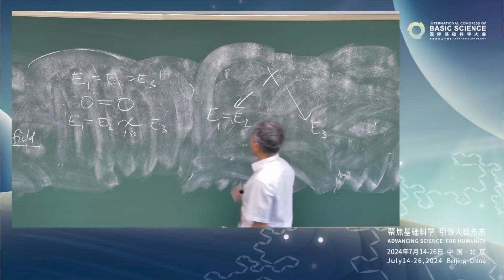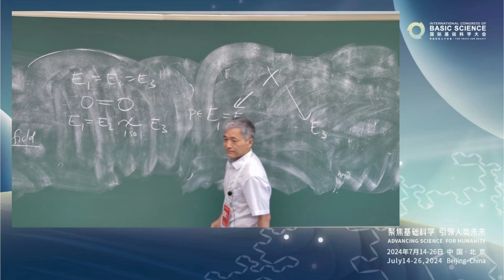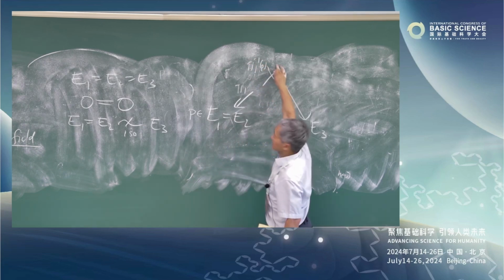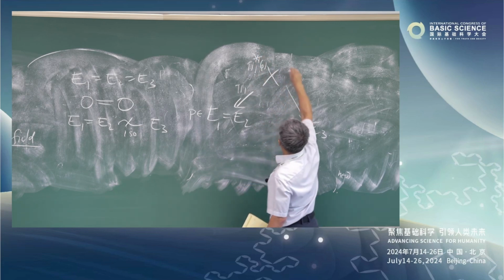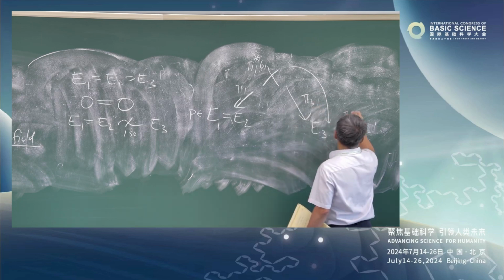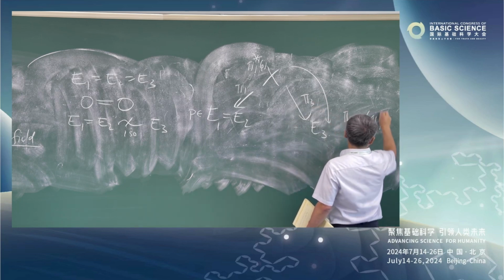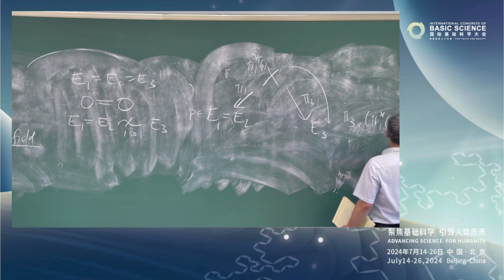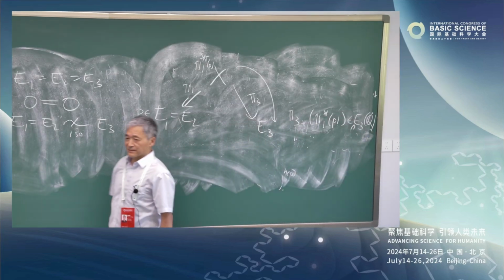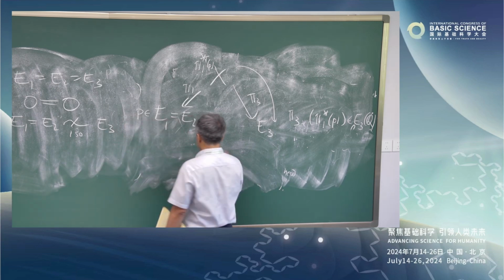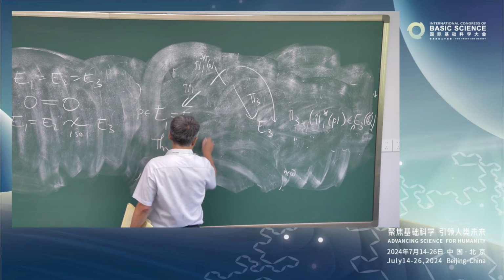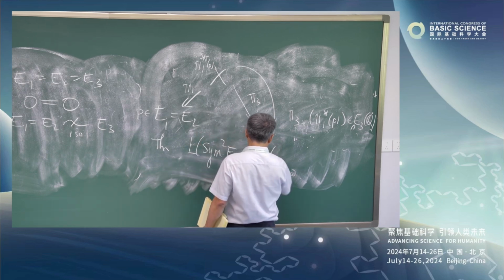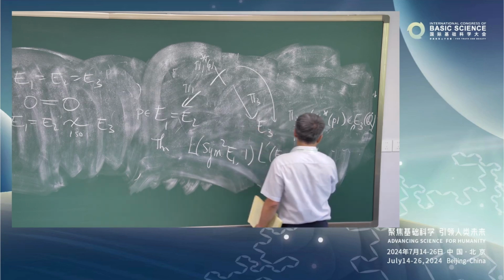You pick any point here, pull back to the points of P to get a cycle, then push it forward by U3, and you get points inside U3 of Q. And this theorem simply says that the heights of these points are given by the L-function of the symmetric square of U1 at 1 times L prime of U3 at 1.